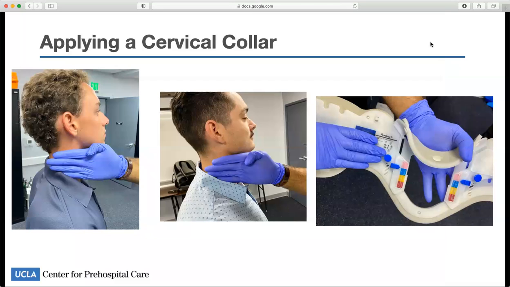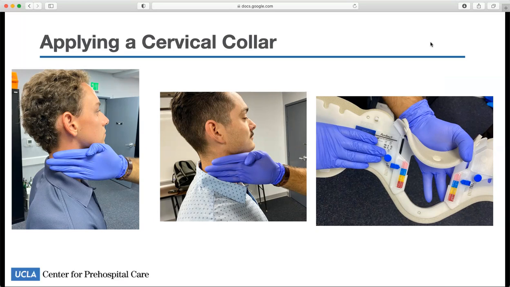Applying a cervical collar requires that you fit the cervical collar to the patient. You saw in the video, measuring for the cervical collar involves finding the space between the patient's chin and the patient's shoulder. Typically, this is done with the finger lengths of the EMS provider. You can see in the pictures here, it is approximately 4 finger lengths from the patient's chin to the patient's shoulder.